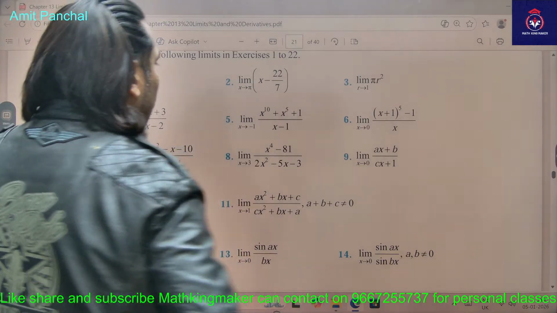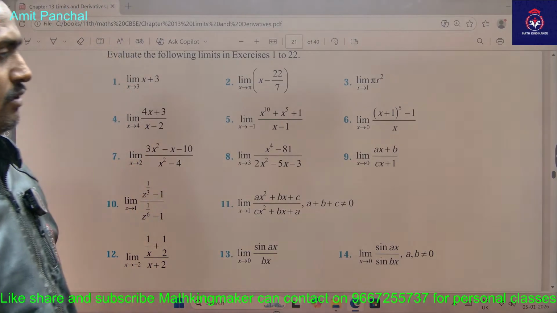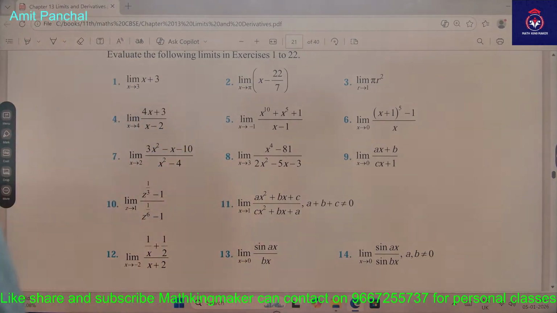Take x as another variable. You need to change the limit. And wherever you are using the formula, just write it down at the right of it. Yes, sir.